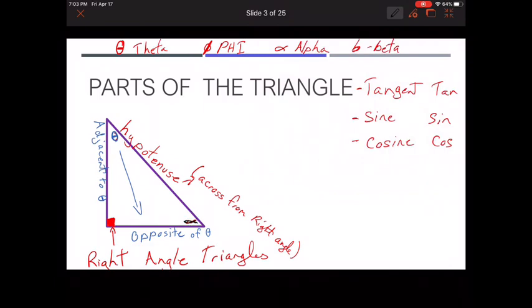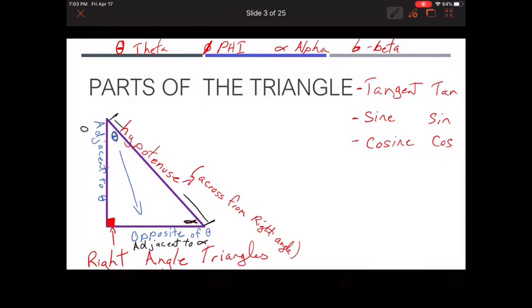So now if we're talking about angle alpha, those two switch. So now we're talking about the lengths of the lines. So that's the hypotenuse, the length. So the length of this line is adjacent to alpha.